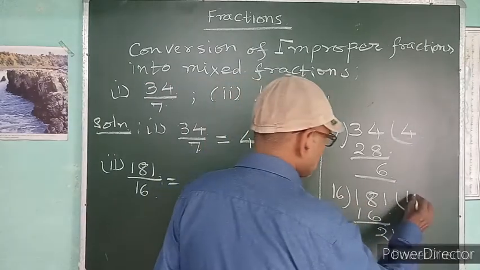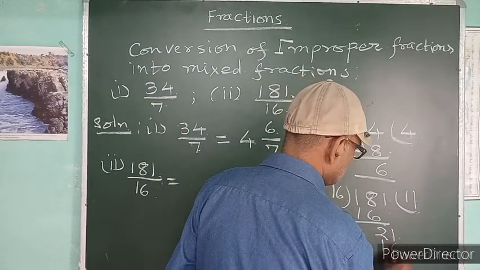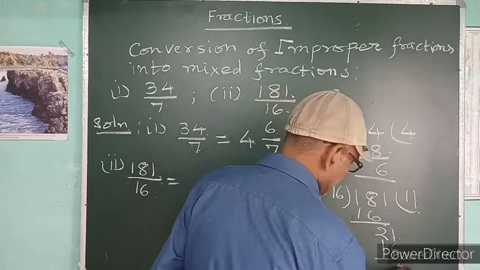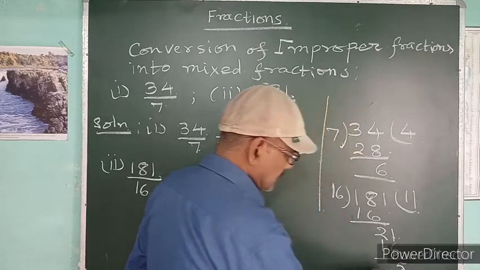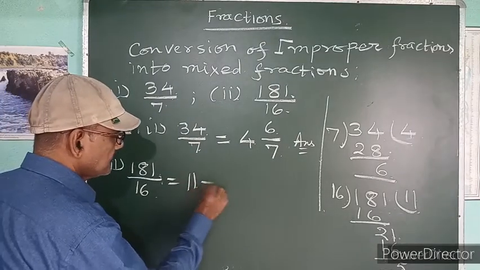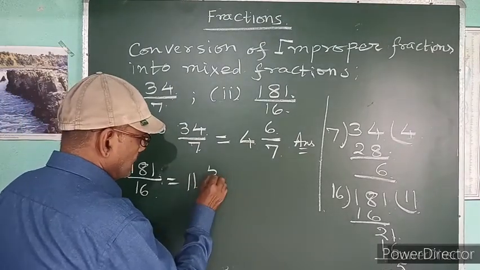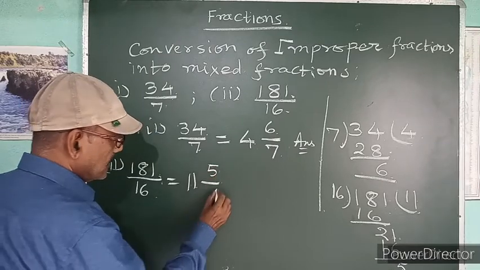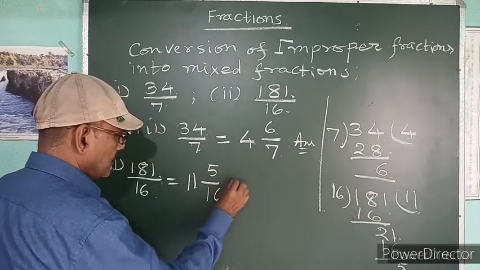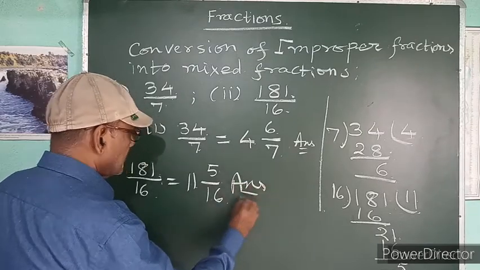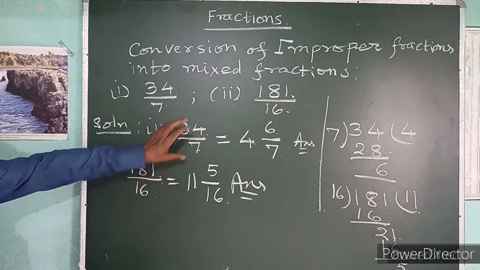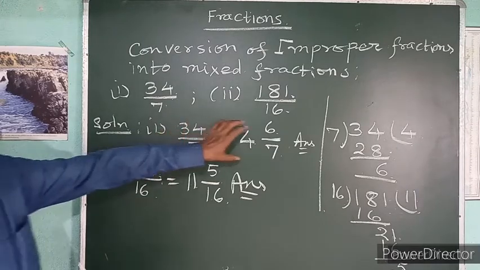Divide 1 time. 16 1s are 16. 21 minus 16, 5. Remainder is 5. Whole is 11 and 5 is the remainder and the divisor is 16. So in this way we get the answers. So we have converted this improper fraction into mixed fractions.